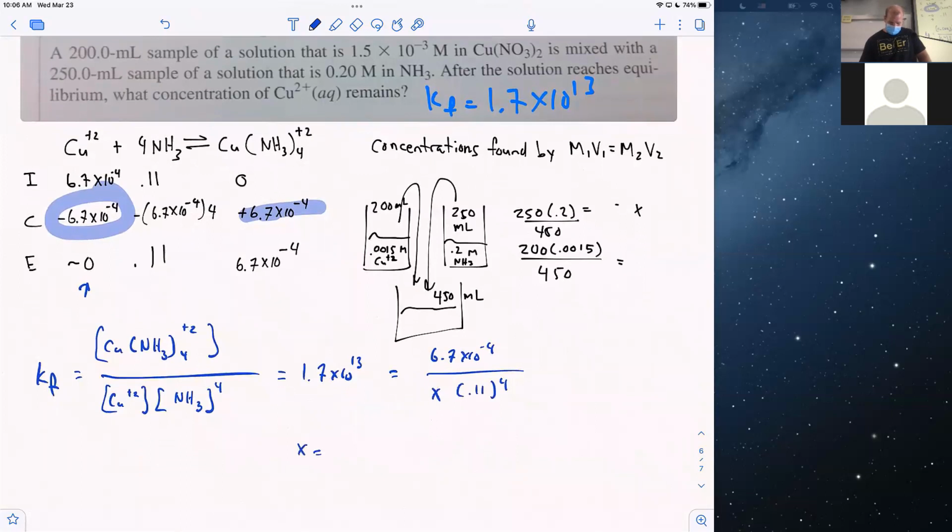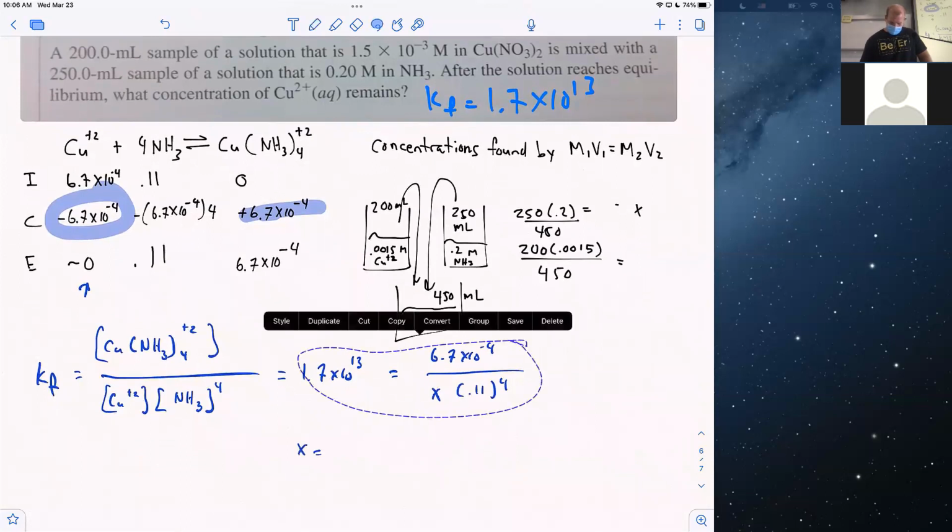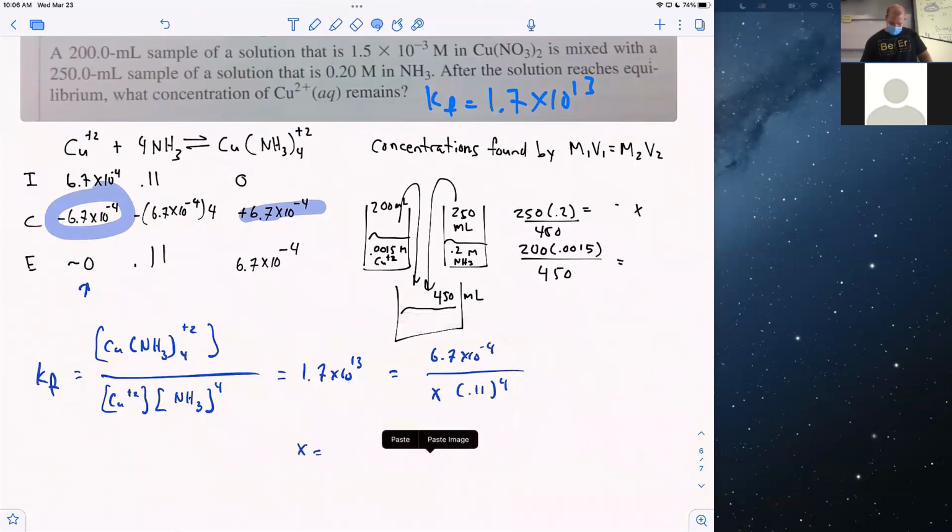Then we can solve for X. I can just copy it. I like doing math this way, it's fun.